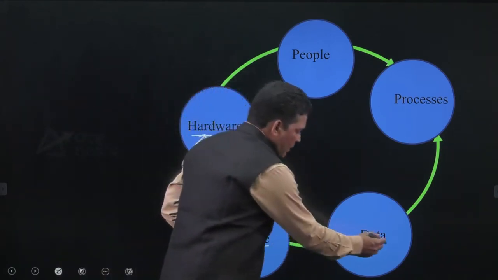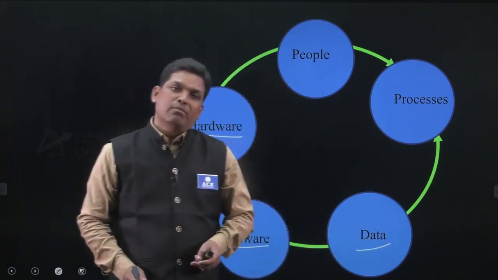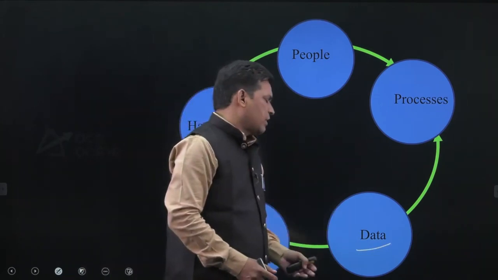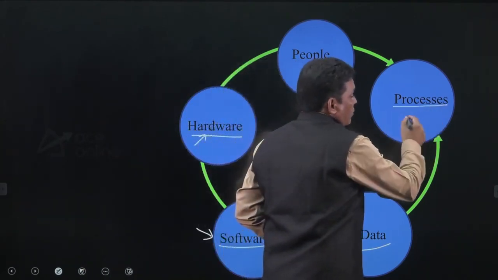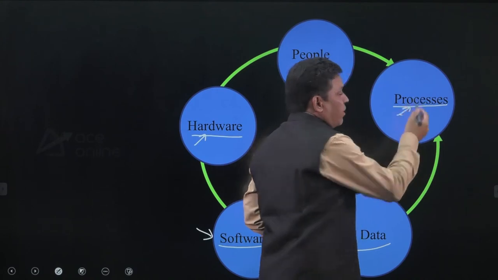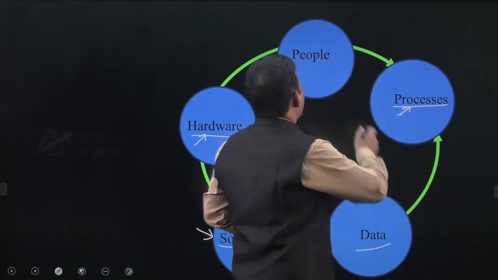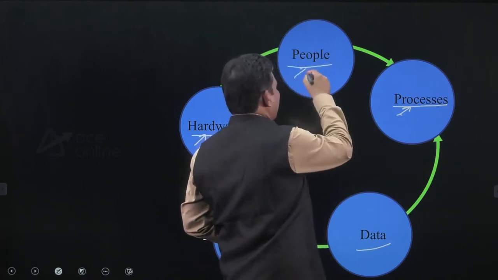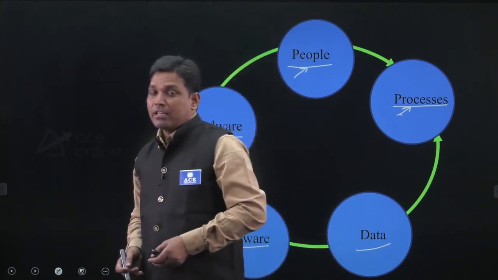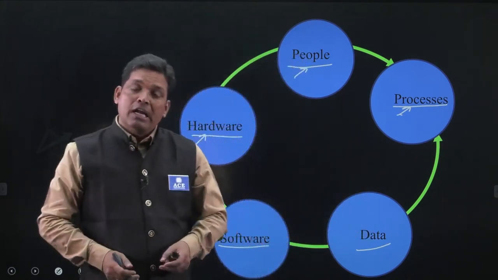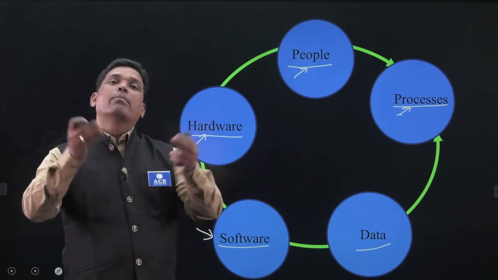Coming to data, raw data can be transformed into machine-understandable information. That is the importance of data. Coming to processes, software processes can be represented in the form of tasks. And people: people means end users who interact with the developed software application and expect software services from it.